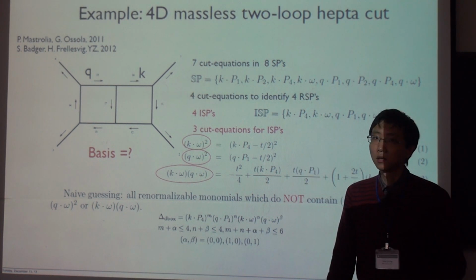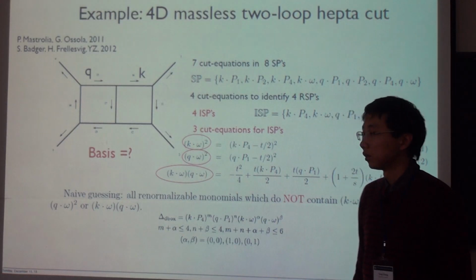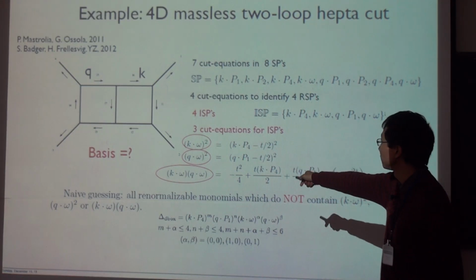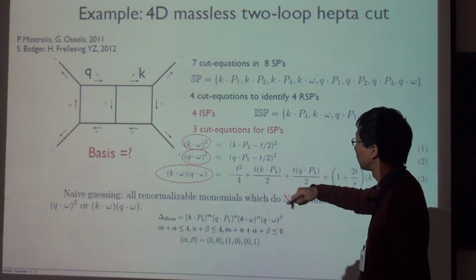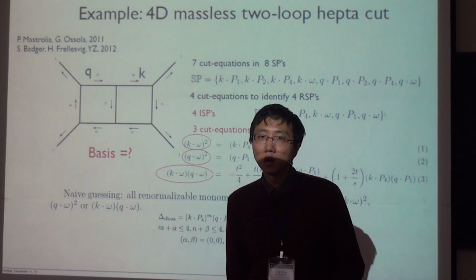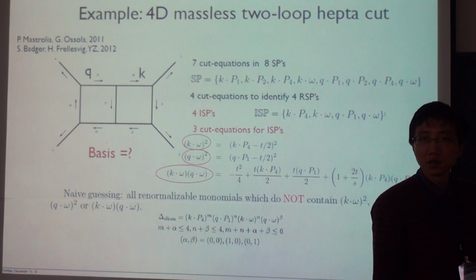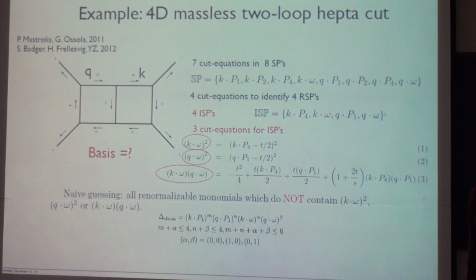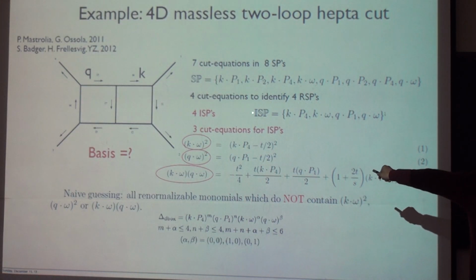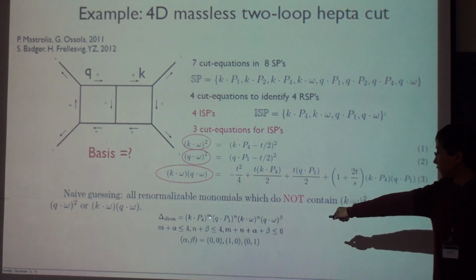Just like the one loop case, for the squared term in omega, k dot omega, q dot omega, or k dot omega times q dot omega is a cross term. So all the quadratic terms in omega are reducible. So then, you can find the ansatz with 4 variables.